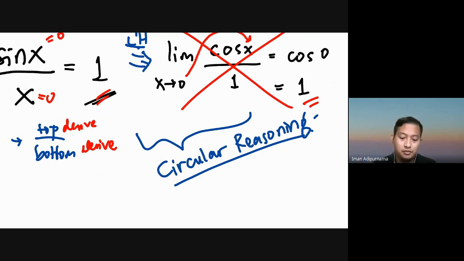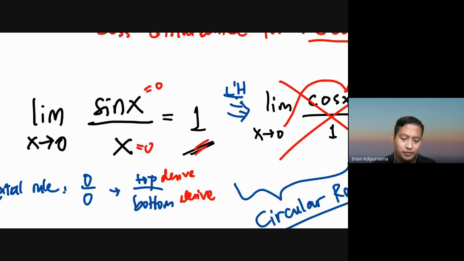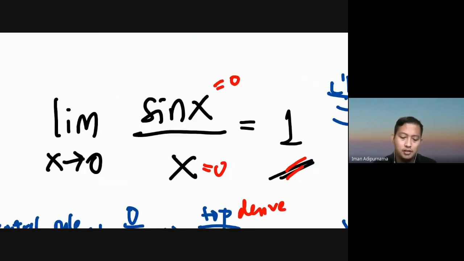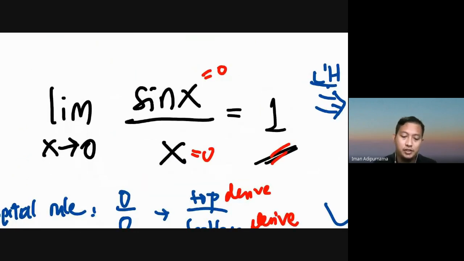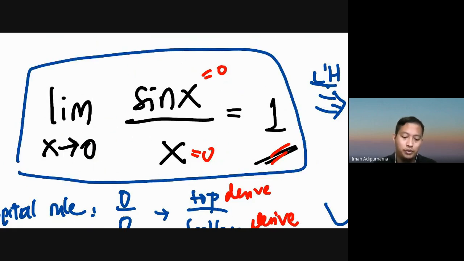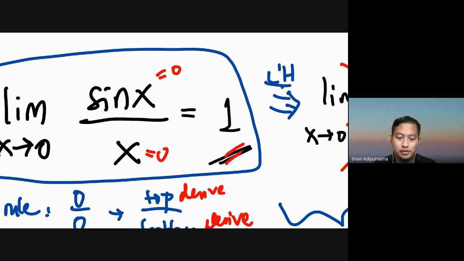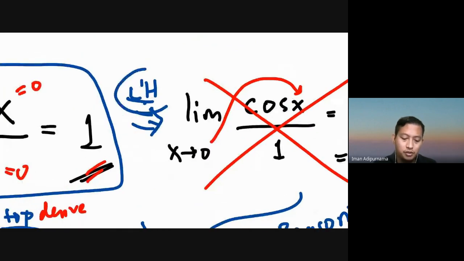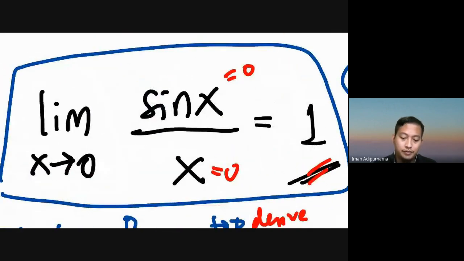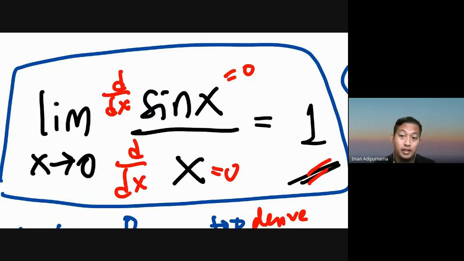The reason is, if you look here, this is pretty much a definition. In terms of math, this is pretty much a definition. When you look at L'Hopital's rule, you want to derive each part here and each part here, and you will be in trouble when you define this part here.